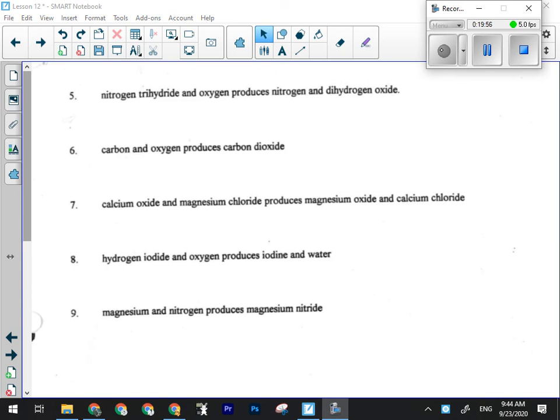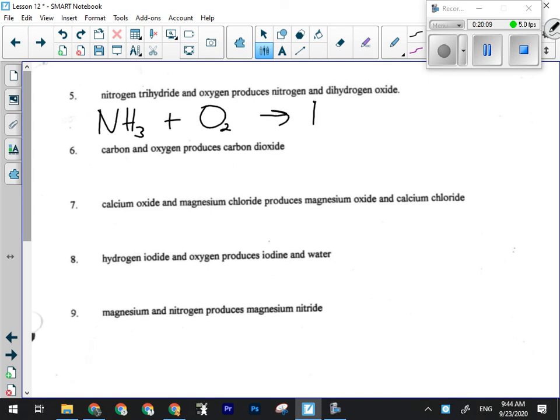Okay, so if we're looking at number 5, we've got nitrogen trihydride. That's this stuff. It's reacting with oxygen, that's this stuff. It's producing nitrogen and water.